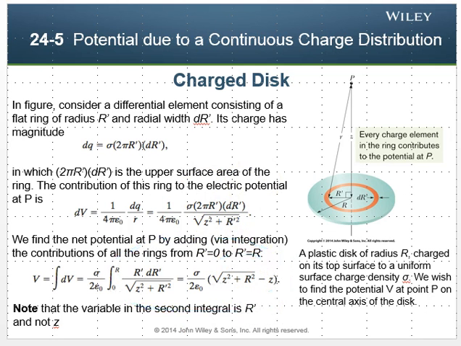The other thing you note is that all we got was the potential up and down along z. We didn't do the harder problem of what's the potential off over here. So it's just the potential up and down along z.